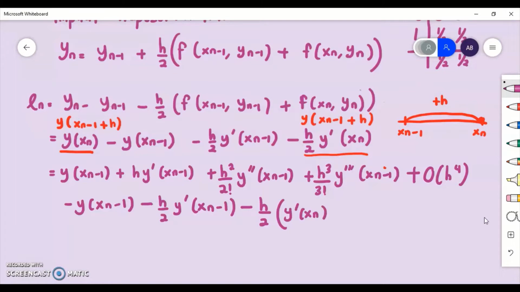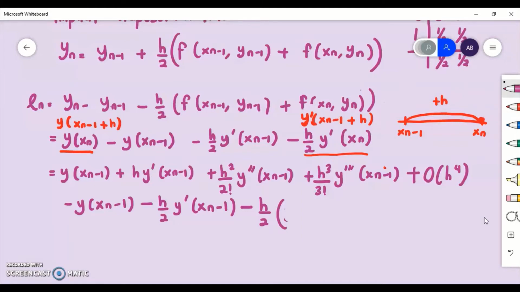Can you see the problem here? What happened? I have the term xn. So that's why you need to expand this term. Not y prime at xn, because this should be y prime at xn minus h. Just write it properly.